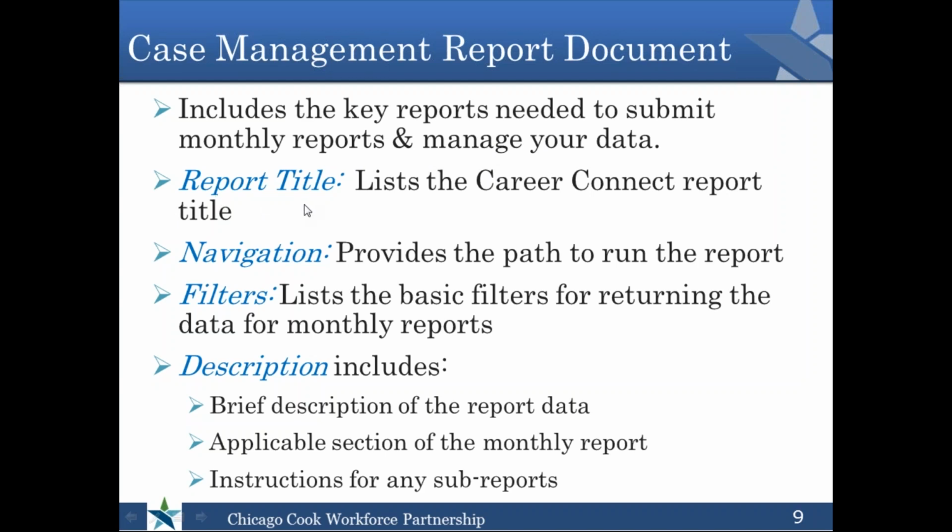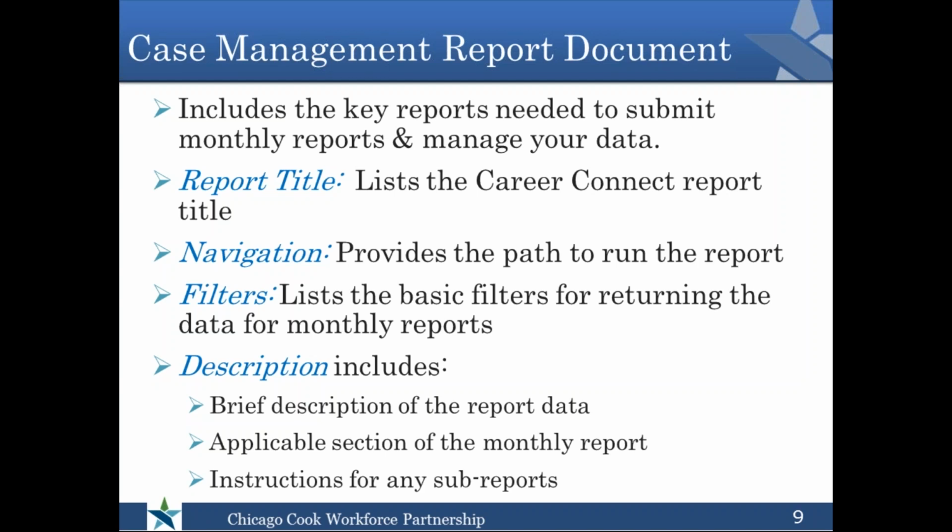The first column is the report title, and that lists the Career Connect report title, what the report is actually called in the system. The navigation column provides the path to run the report, so detailed report, case management report, caseload, active cases. Filters, what we have given you here are the basic ways to set your filters so you get the data that you need for your monthly report.